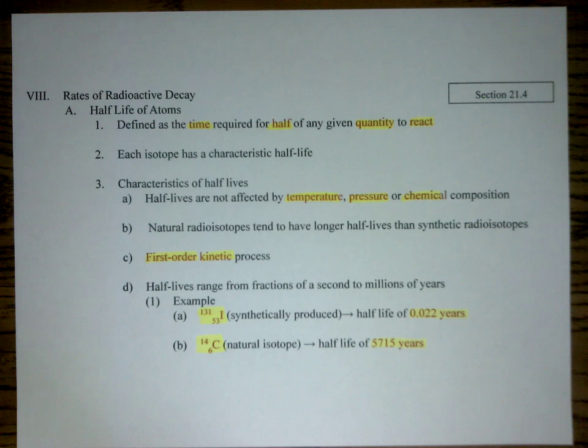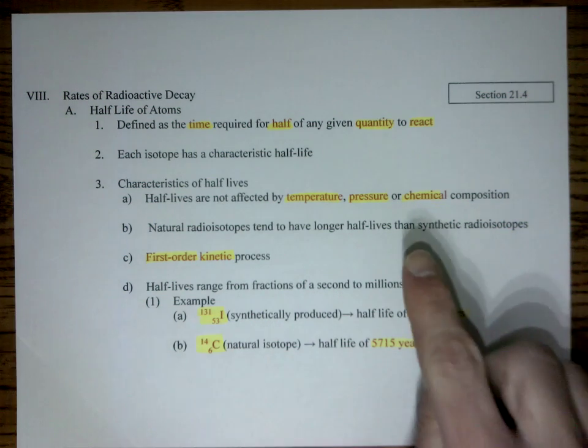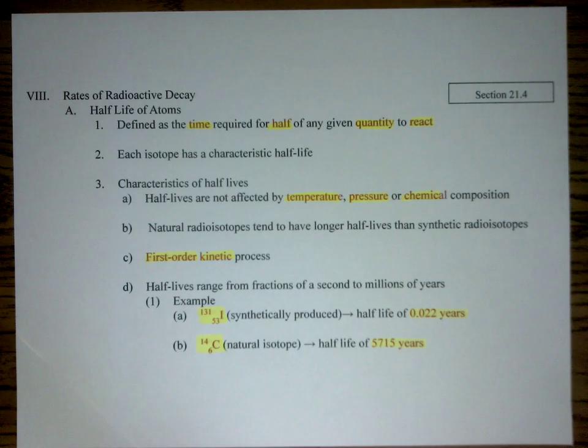Again, same element, carbon, but they're going to have different half-lives. Now, half-lives here are affected by temperature, pressure, and chemical composition. We're going to get into a little bit of kinetics you see down here, and as a reminder, kinetics are affected by each of these things.